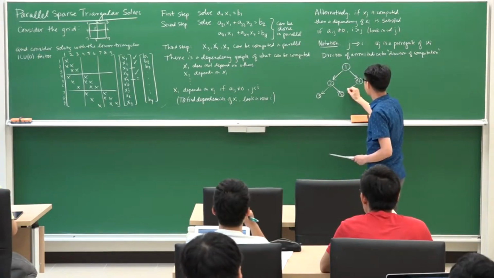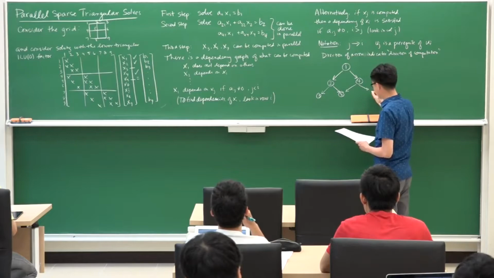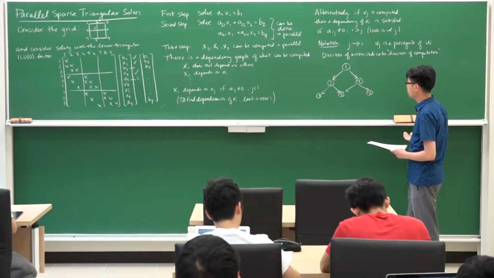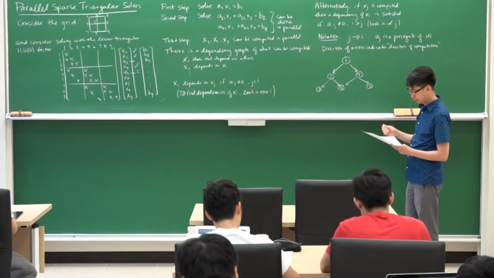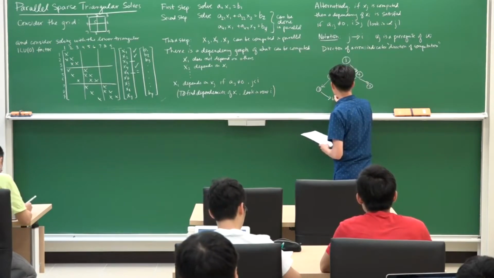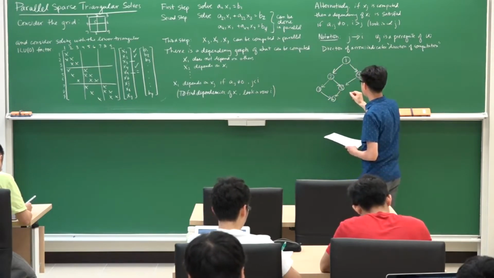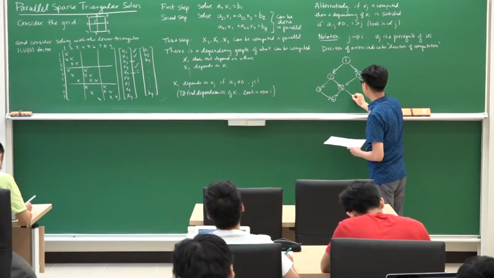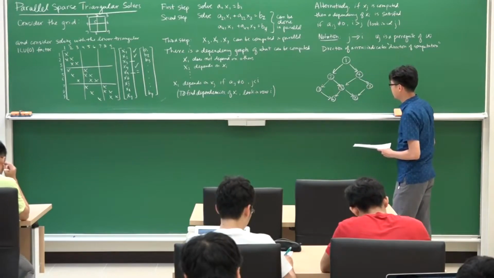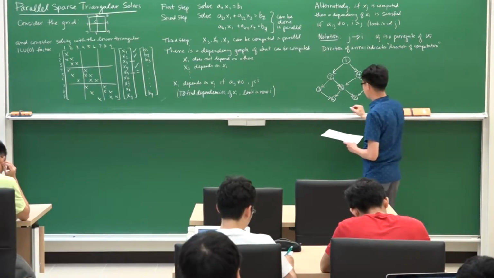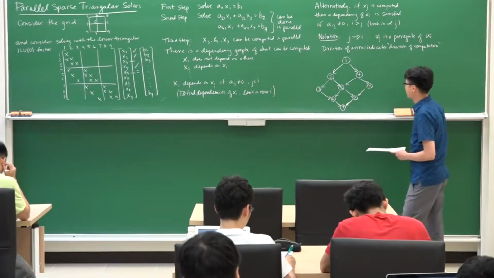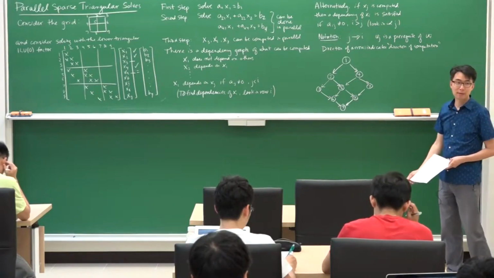And 4 is a prerequisite of 5 and 7. And we can keep going. 3 is a prerequisite of 6, and 5 is also a prerequisite of 6. 5 is a prerequisite of 8, and 7 is also a prerequisite of 8. And 6 and 8 are both prerequisites of 9. Okay, so this is the dependency graph for this example.